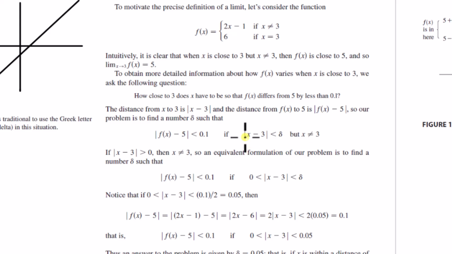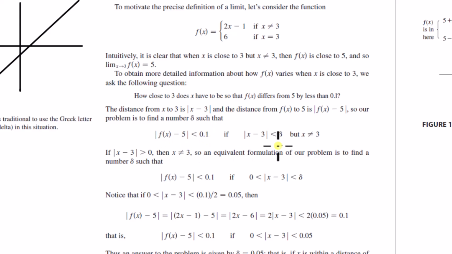The idea is if x is some positive or negative distance away from 3, other than exactly equal to 3, with that distance from 3 being some positive value delta, as long as we plug in an x value that's delta away from 3 into the function and then subtract that output of the function from 5, then the magnitude of that distance is always, under all circumstances, going to be less than 0.1.